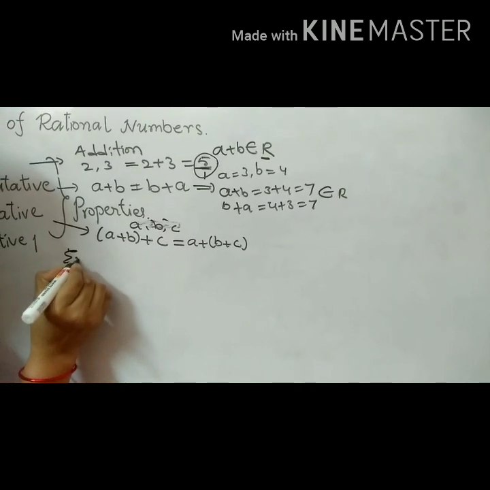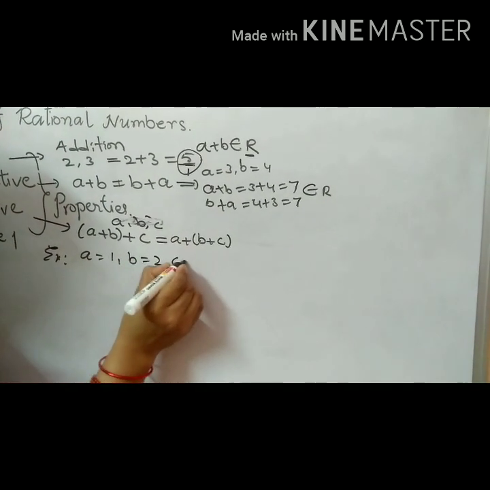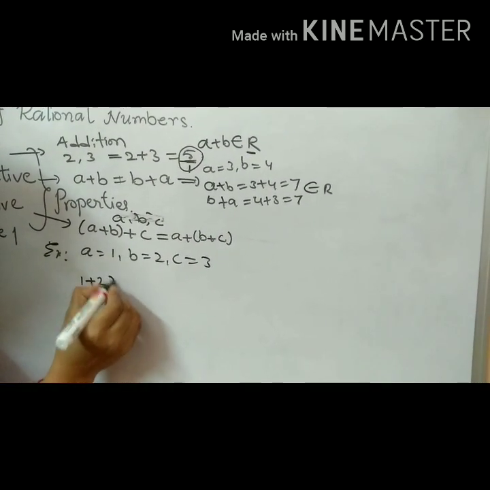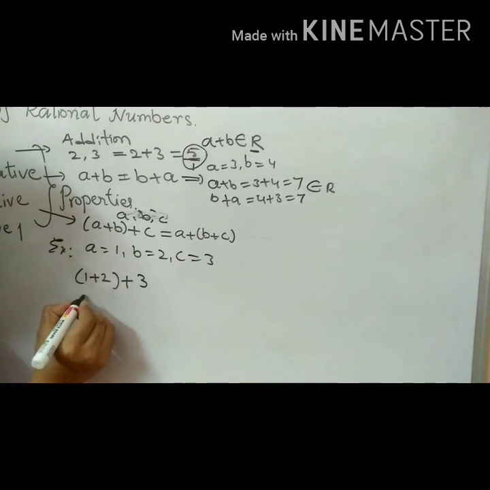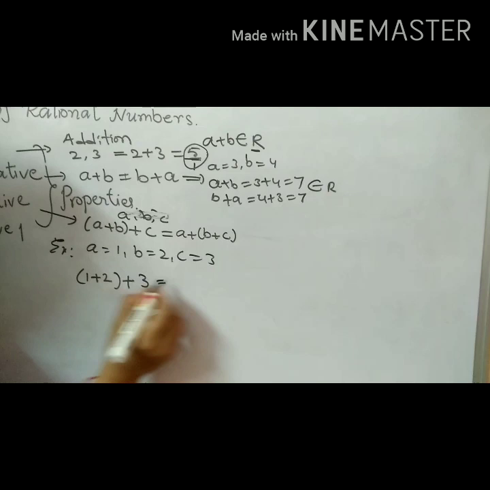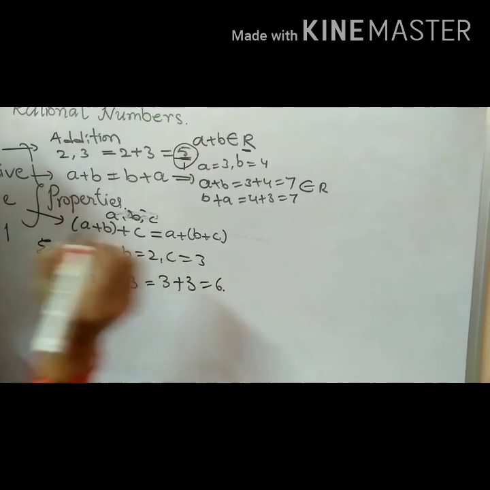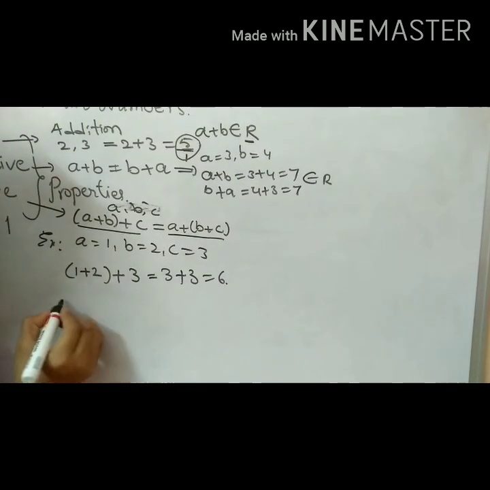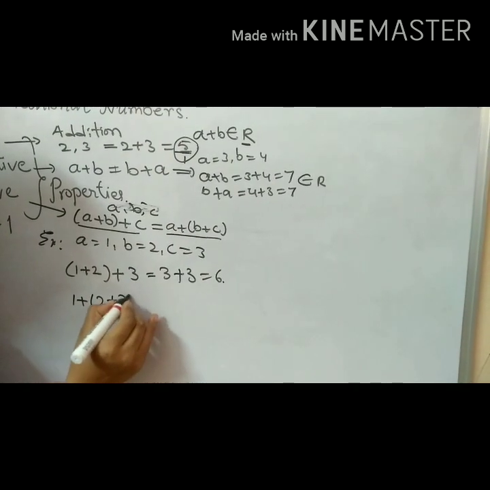For example, A is equal to 1, B equal to 2 and C equal to 3. So here (A plus B) plus C: 1 plus 2 is 3, plus 3, 3 plus 3 is 6. That is the case of LHS. Next, the case of RHS: 1 plus (2 plus 3).